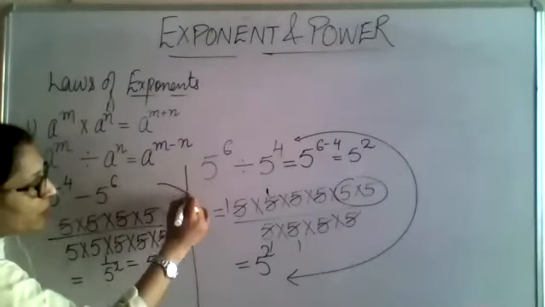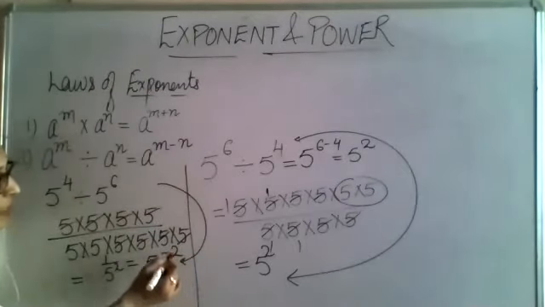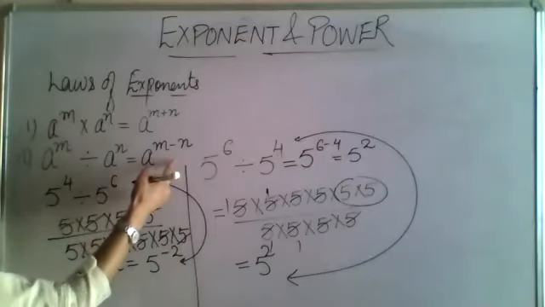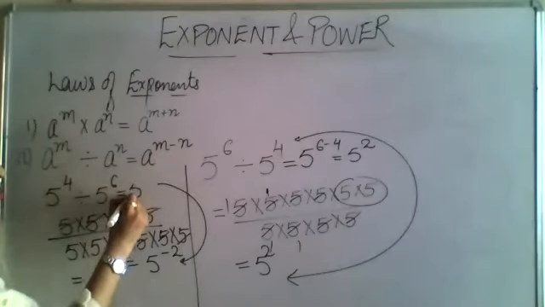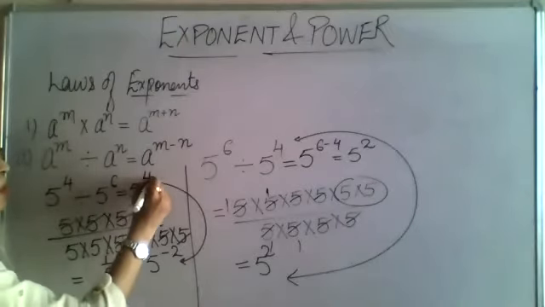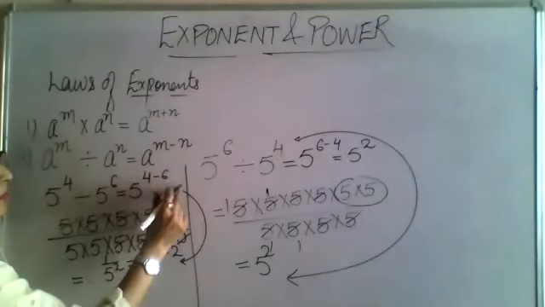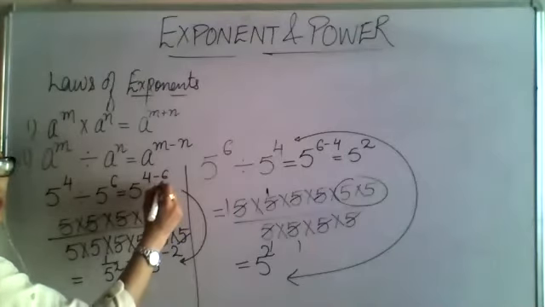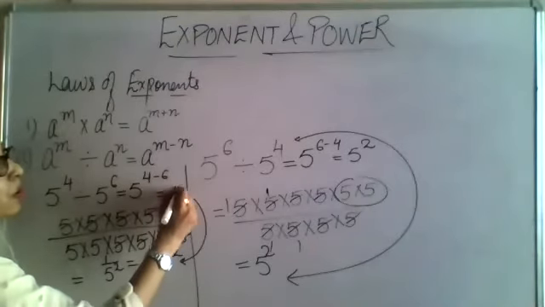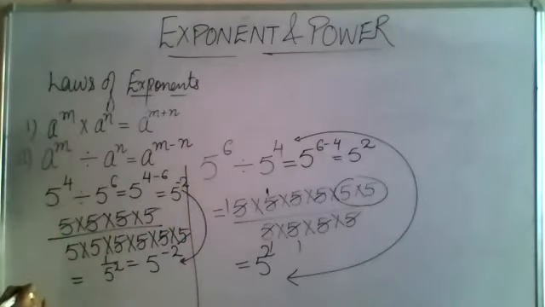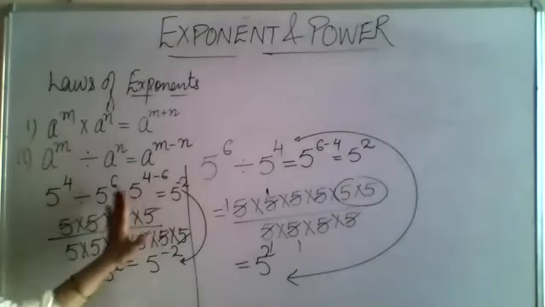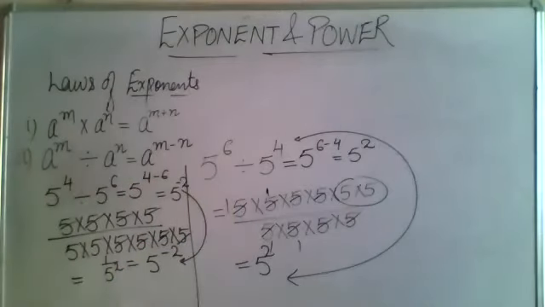So what relation are we finding? How will I get minus 2? Again, as I told you, do subtraction: 4 minus 6. 6 minus 4 is 2, and the greater number has the minus sign, so minus 2. From these two examples, what are you observing?